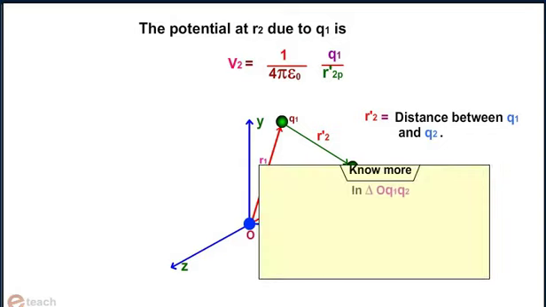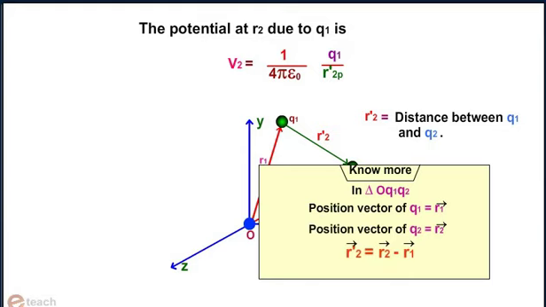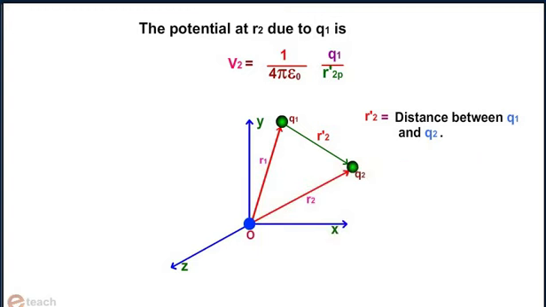Let us know more. In triangle OQ1Q2, the position vector of q1 is r1 vector and the position vector of q2 is r2 vector. Hence, the r2 prime vector equals r2 vector minus r1 vector.